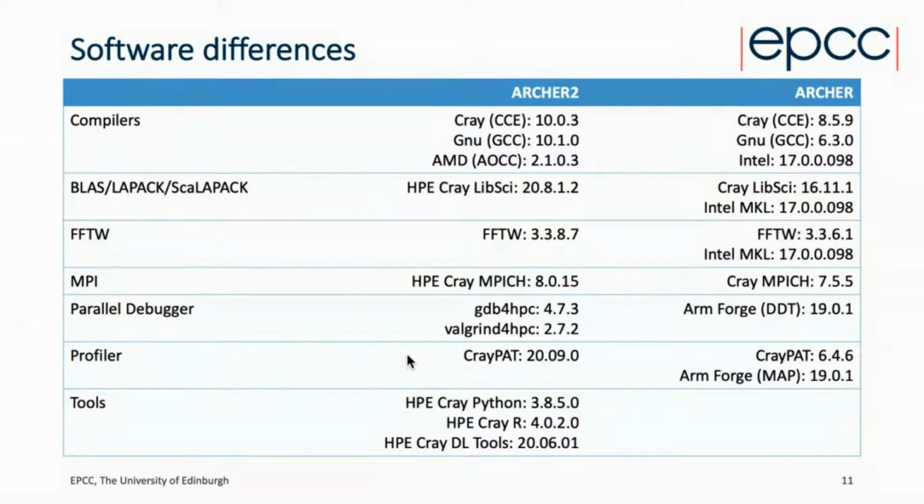There's also some new stuff coming that isn't available on Archer as part of the Cray provided software. HPE Cray now provide a Python environment. If any of you use the Tier 2 system down in Bristol, provided by GW4, Isambard, you'll have seen that there's a Cray Python environment on there.